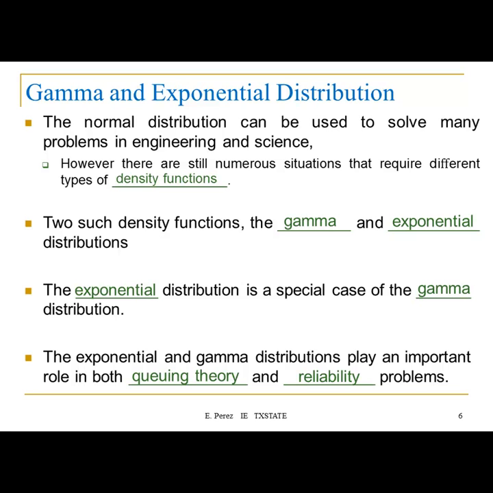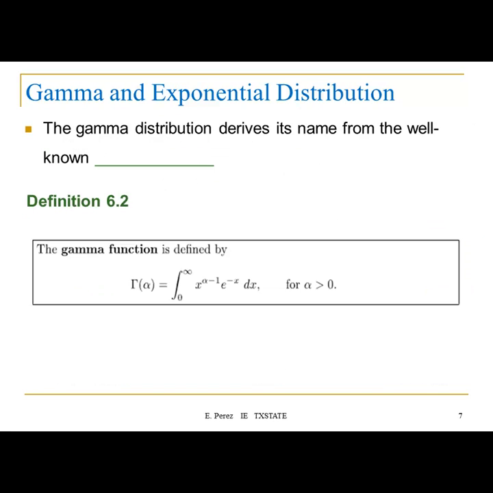Reliability is mostly related to how often you need to check the system to perform maintenance. Maintenance costs matter: you don't want to perform maintenance too often, but you can't never perform maintenance, because you know your system is going to fail at a certain point. So you need to find the best way to perform maintenance on your system. Those are two areas in which the exponential and the gamma distributions become very useful.